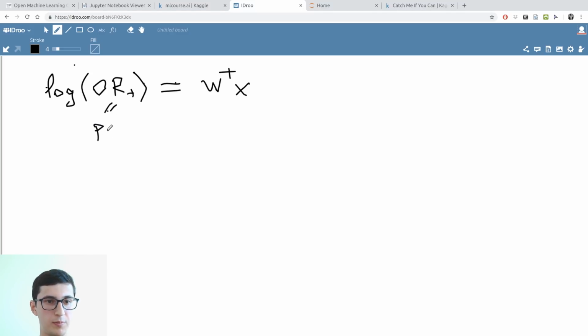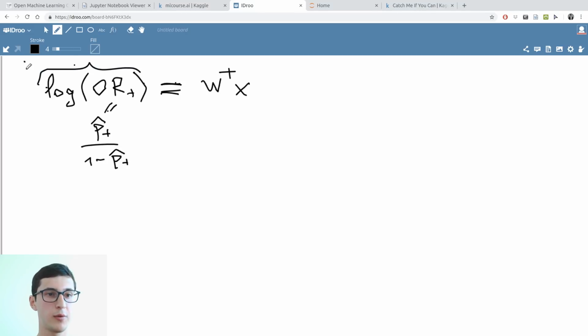So this is going to be p plus divided over 1 minus p plus. And if I put equality sign here, I'll also specify that it's going to be a prediction. So this hat stands for prediction of logistic regression. And so now everything is all right. So on the left side we've got a real number, and on the right side we also have a real number.